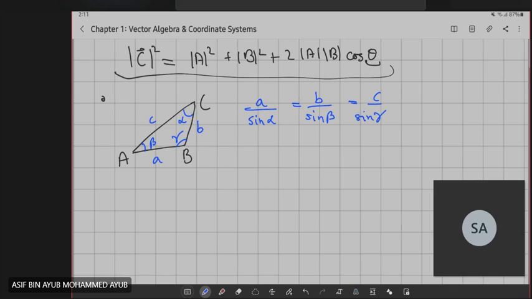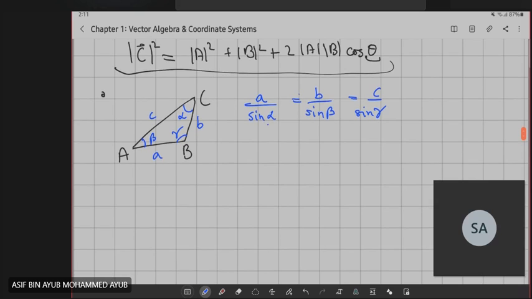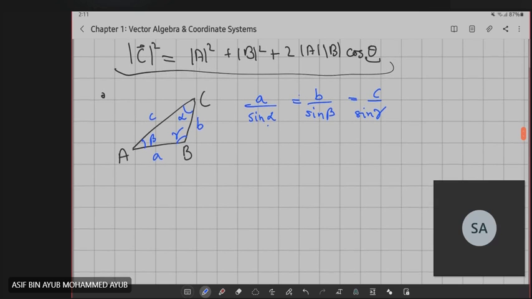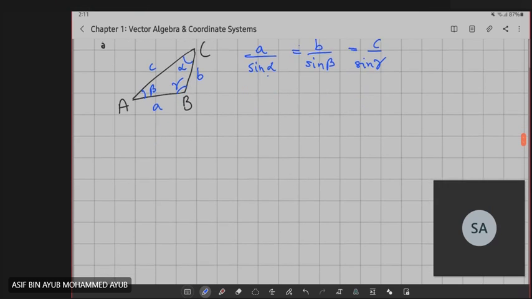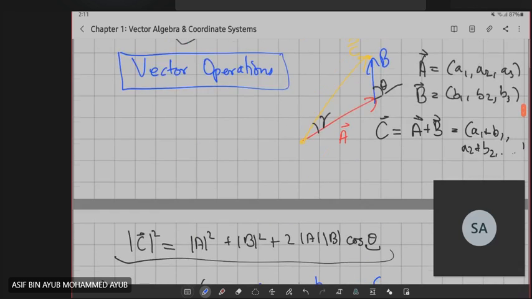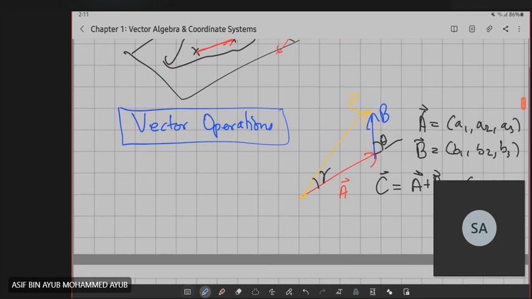If you know the side lengths, you know the sines basically, and then you know the angles. We'll also see how to derive this as an application of the cross product. Now, don't worry if you don't know what the dot product and the cross product are. We'll see them later on. Now, this is how you find the magnitude and the direction of C.